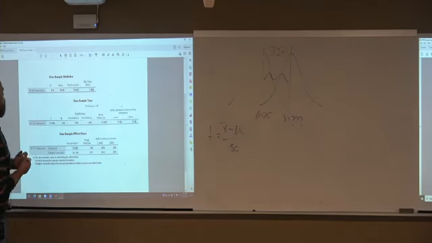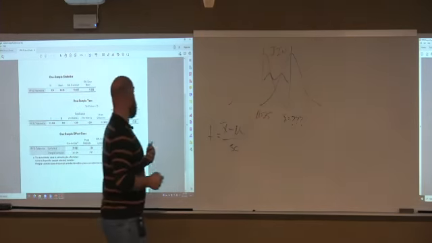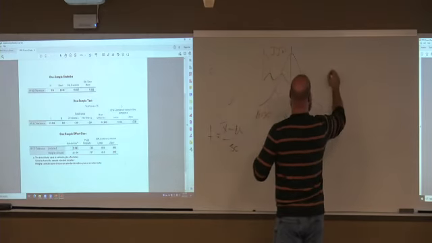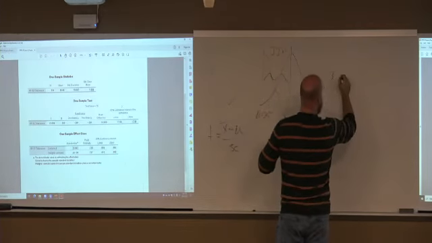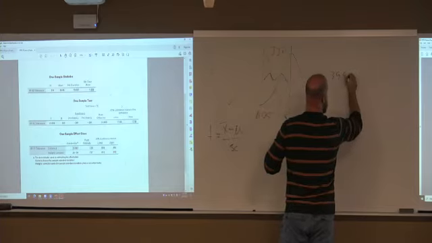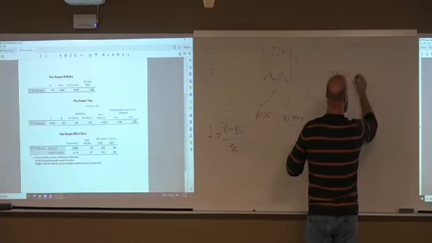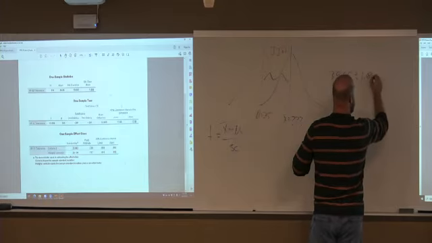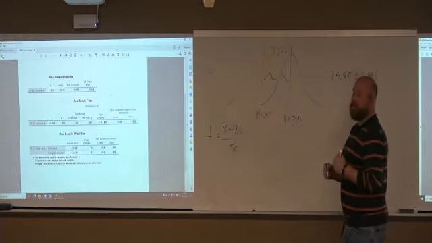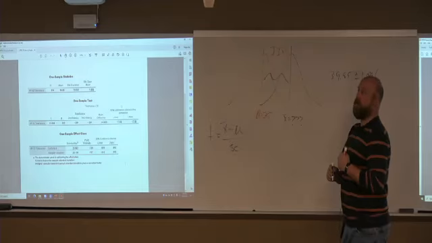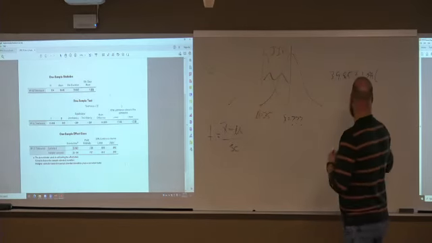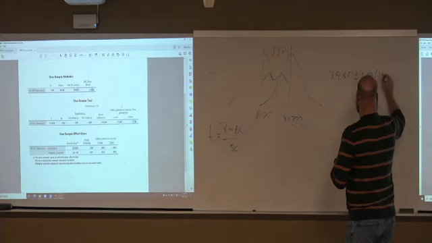So if I were to go through and take 39.85 plus or minus 1.099 times N of Z. My critical T for T with 330 degrees of freedom is going to be functionally 1.96.